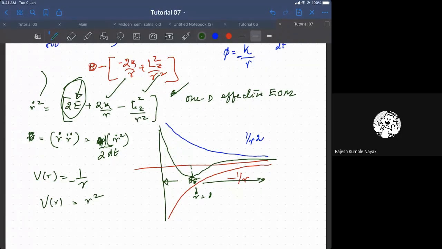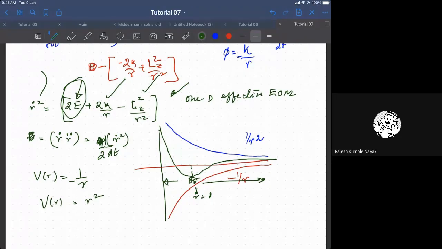So there is again a coincidence that these two give the stable potentials, and that is what gives rise to an overall stable system for the circular orbits in the case of the Kepler problem.